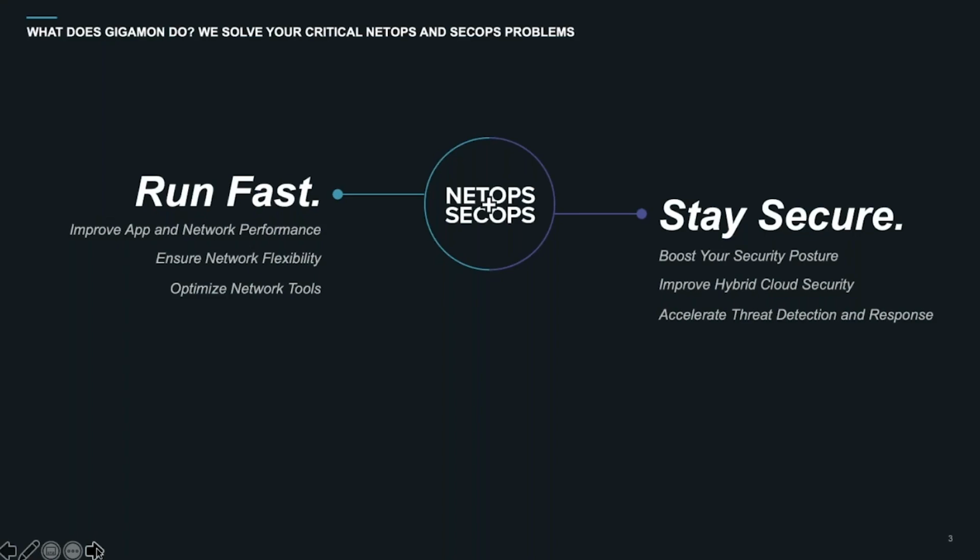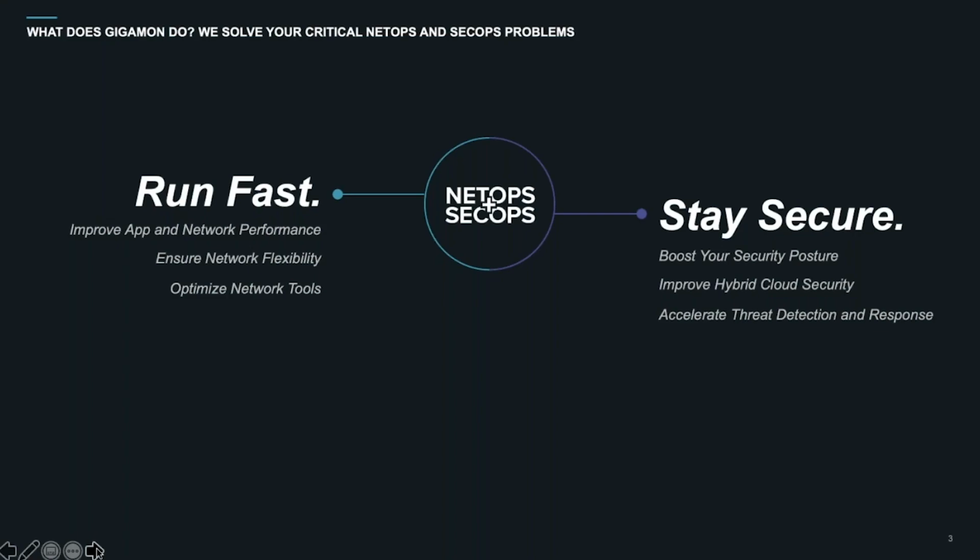So now, as you'll see a little later on, we really have a stack that goes all the way from level 2 visibility into the network traffic, all the way up through the applications and into the areas of threat detection and analysis. And that enables you to improve your security posture, both on-premise and across the cloud, which is obviously extremely important to most large-scale organizations these days, and accelerate that process of threat detection and response.